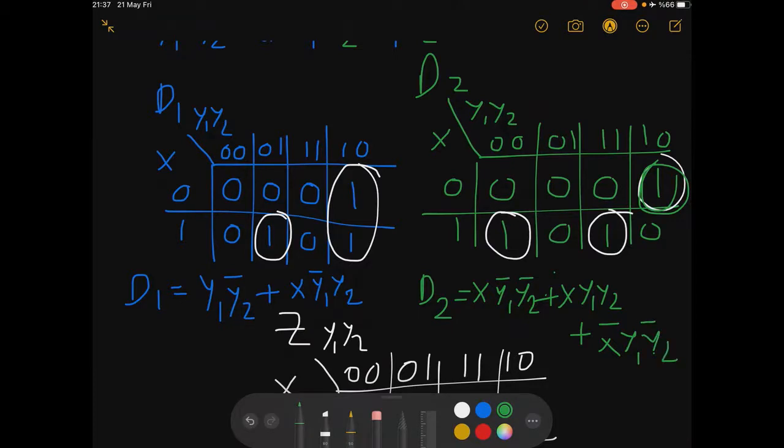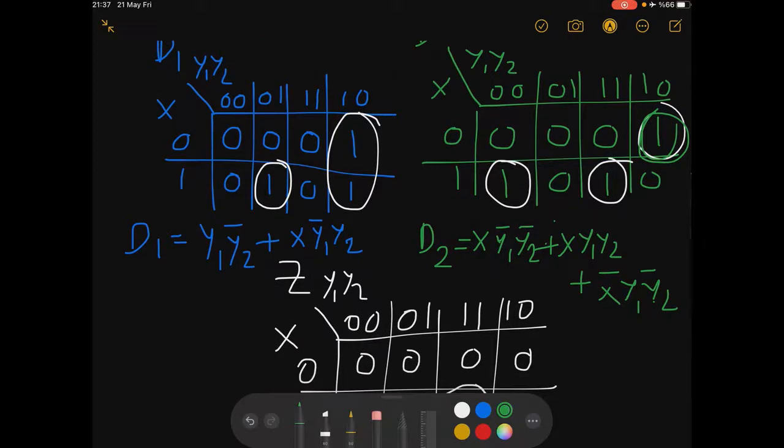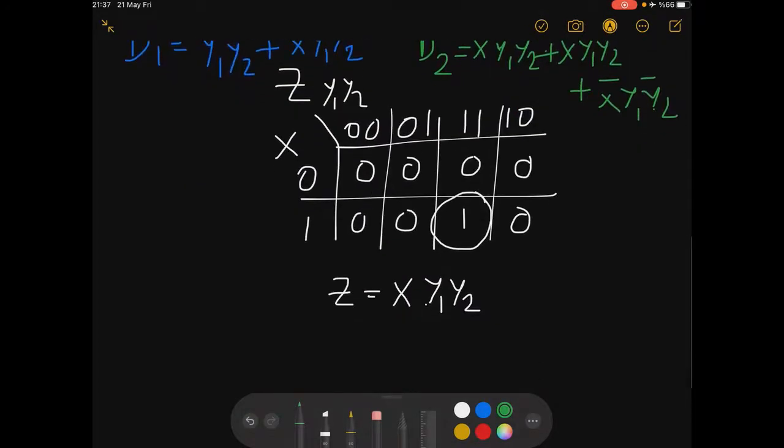Okay, perfect. So now you have your flip-flop input equations and your output equation in counting order assignment.